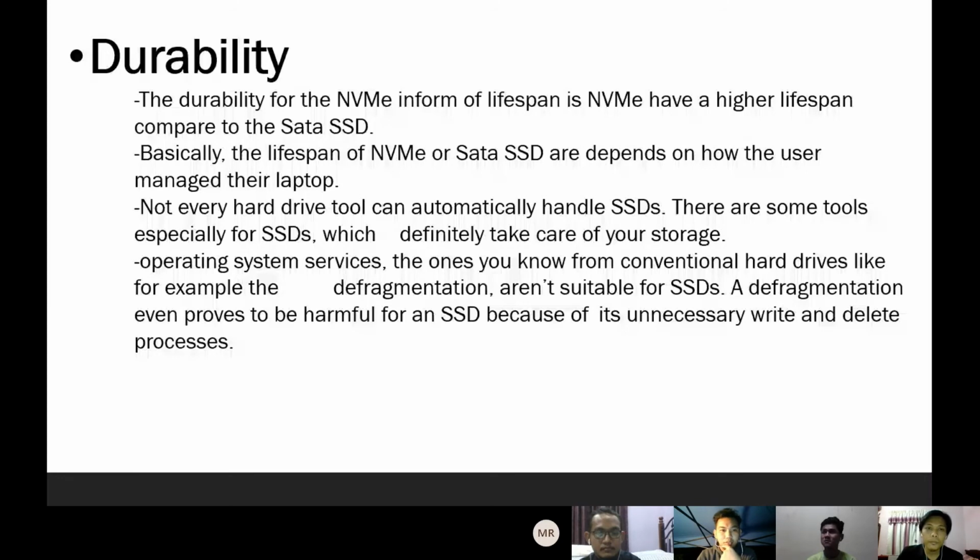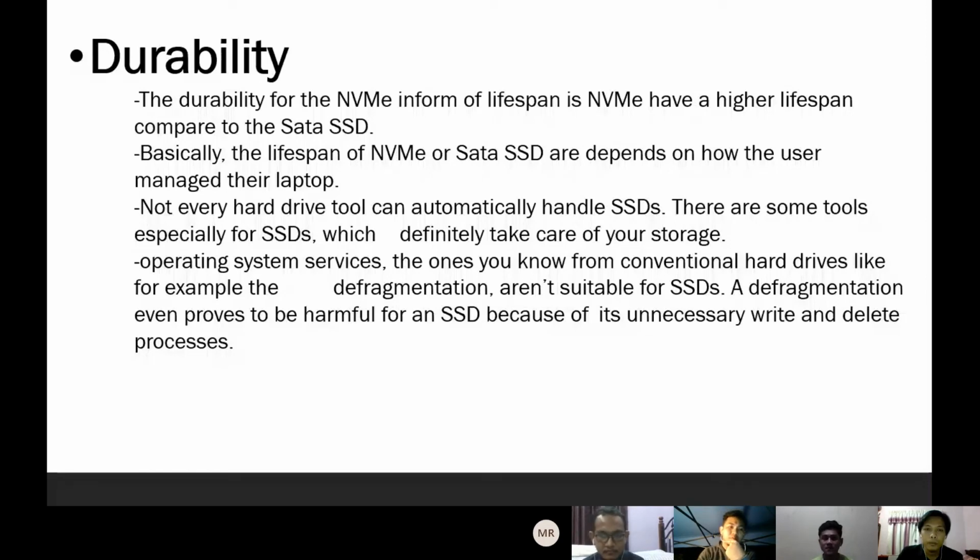There are some tools, especially for SSD, which definitely take care of your storage. Operating system services that you know from conventional hard drives, like for example defragmentation, are not suitable for SSDs. Defragmentation even proves to be harmful for an SSD because of its unnecessary write and delete process.